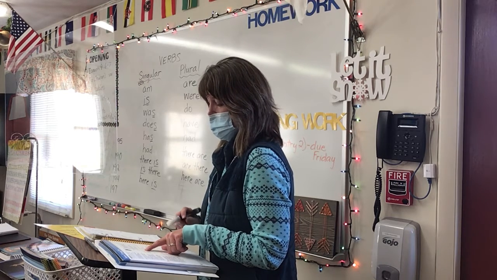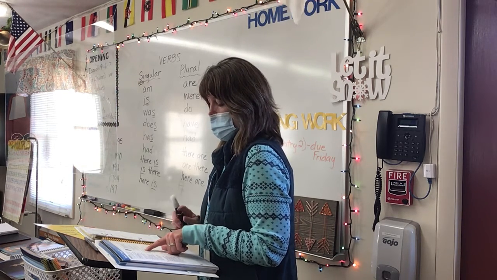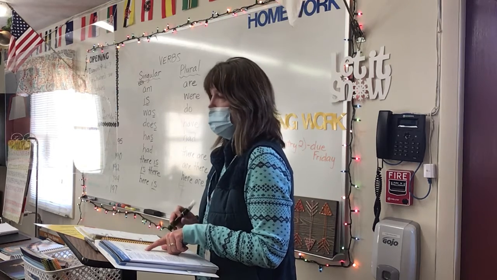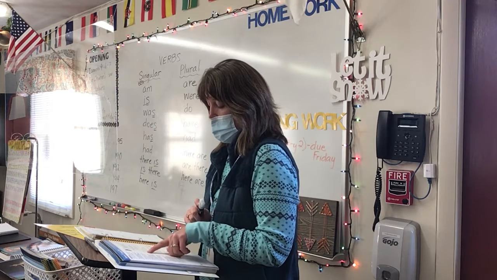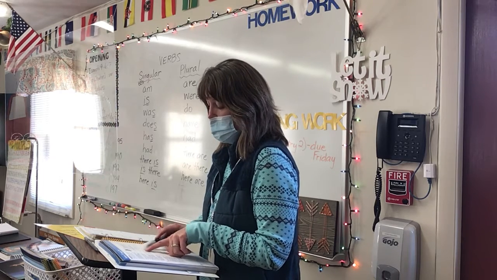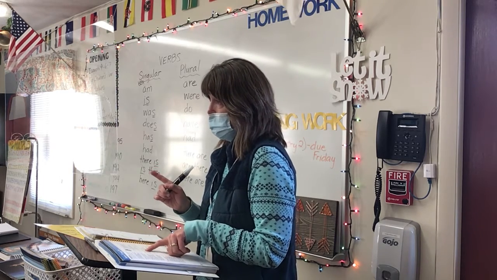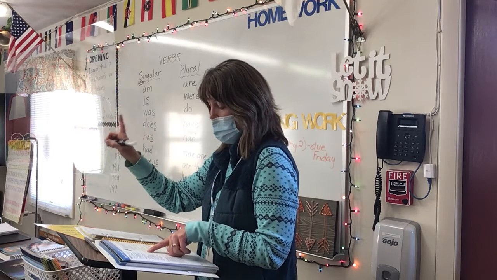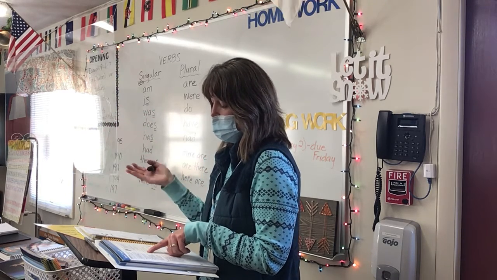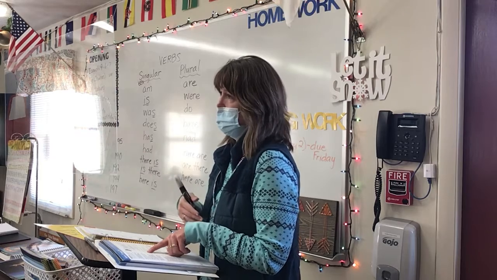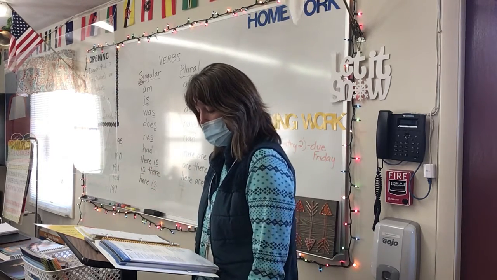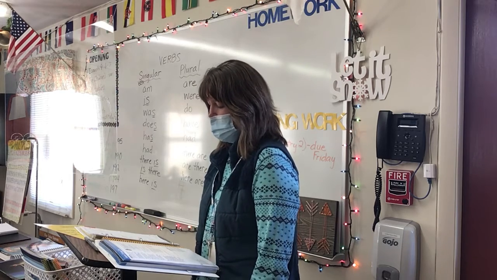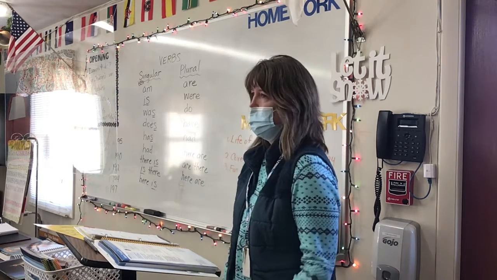No, that's the verb. Weather? Yeah, weather is your subject. So underline weather once. Weather is singular, right? So it's talking about one weather, so we need to use is or isn't. You could say, isn't the weather wonderful today? Or you could say, is the weather wonderful today? So either one.